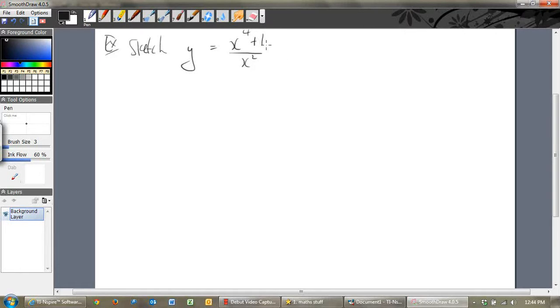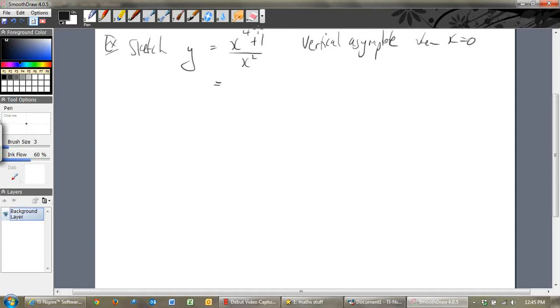But before I do, I want to notice something: when x is equal to 0, you're going to get a vertical asymptote. Can everyone see that? x equals 0, you're going to be undefined, so you get a vertical asymptote. Just something to notice.